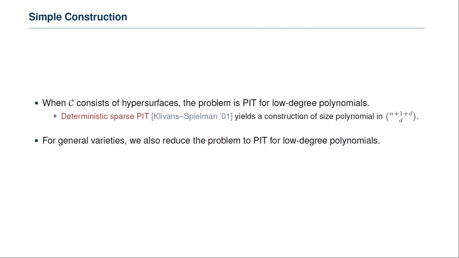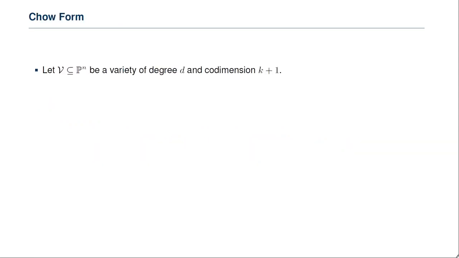For general varieties, we need the notion of Chow forms, which was introduced in algebraic geometry by Cayley, Chow, and Van der Waerden. Let me explain what a Chow form is. Suppose V is a variety of degree d and codimension k+1.